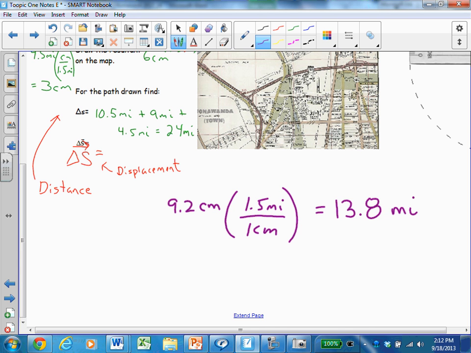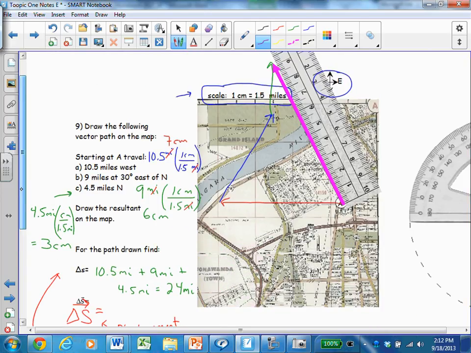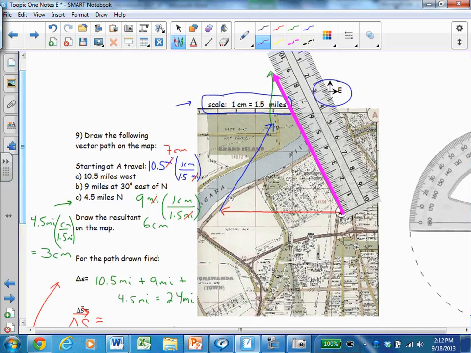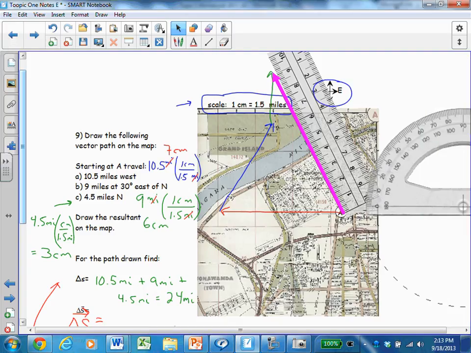All right. So now the other thing we're interested in is the direction of this displacement. Because it says the displacement, that means magnitude and direction.